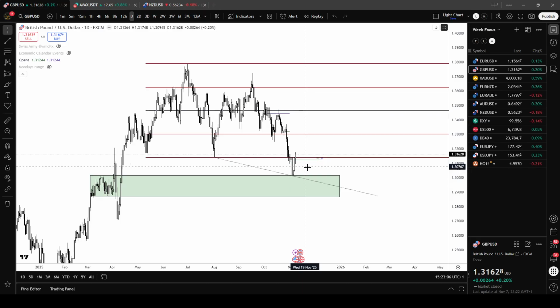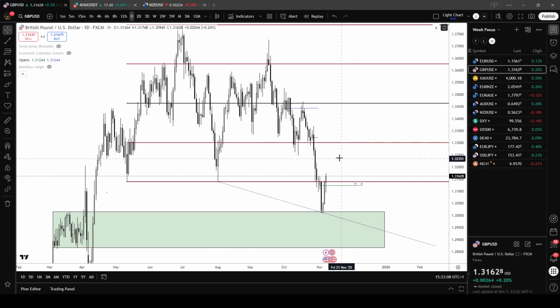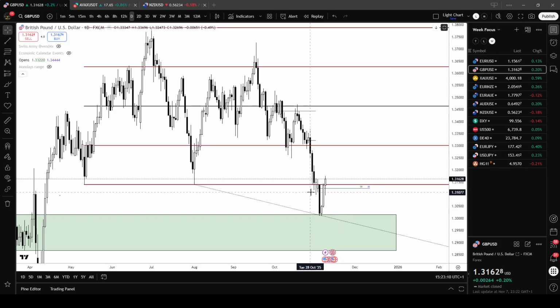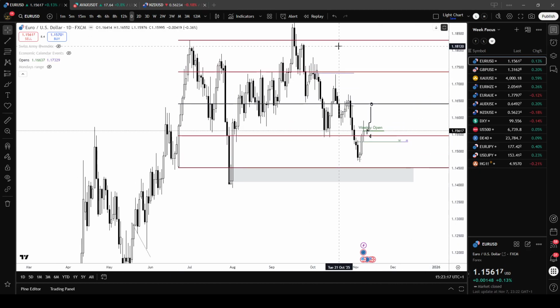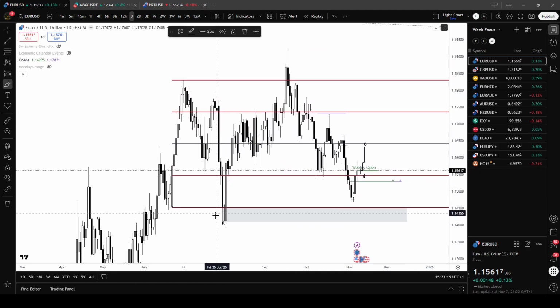So when you are looking at this chart, you're seeing a deviation and close back inside the range. It's like we saw on the euro on both sides, here and here.